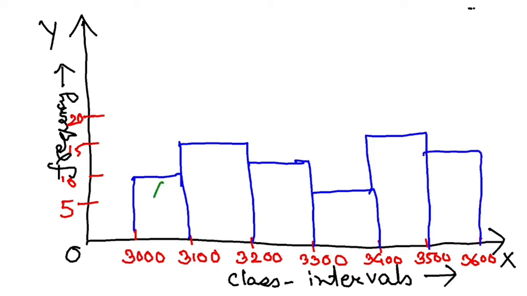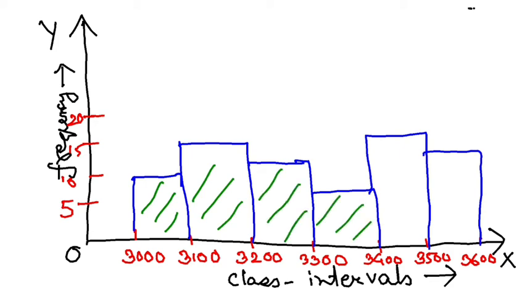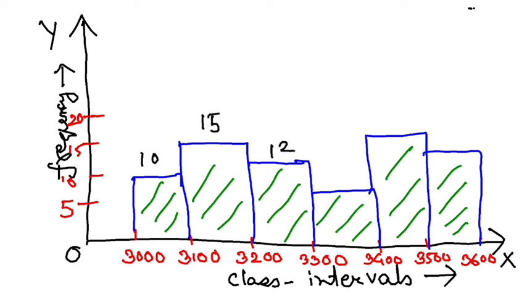All right, so this is my histogram. You can draw the patterns this way, no problem. It is not necessary to draw, and you can also write the frequencies here: 10, 15, 12, 8, 20, and 15.